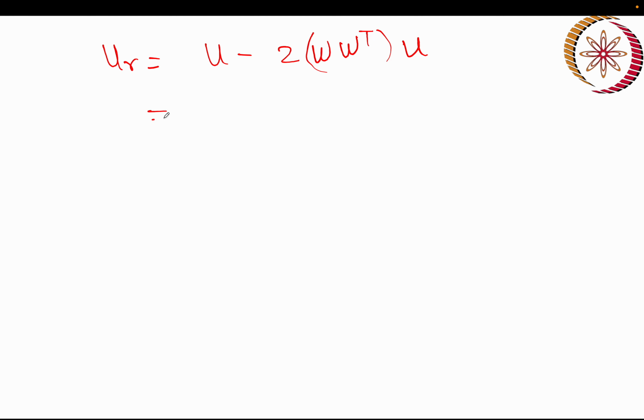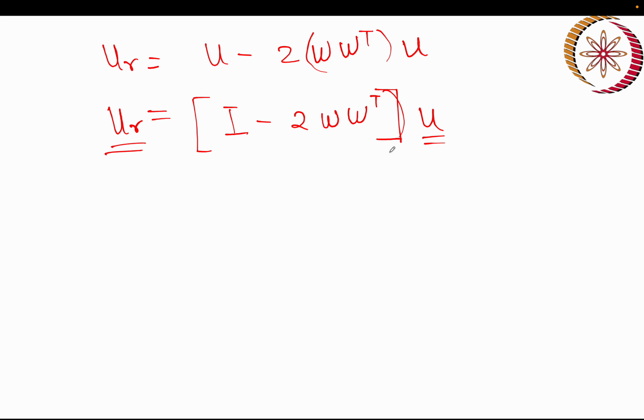If we write this, we will get I minus 2 W W transpose, times U, and this is the UR. So this is how we will get the reflection of U about the plane with the normal equal to W.